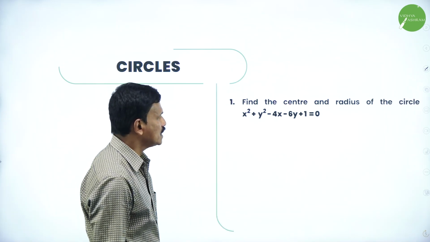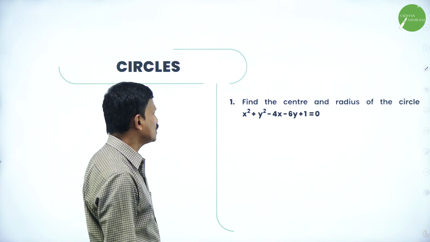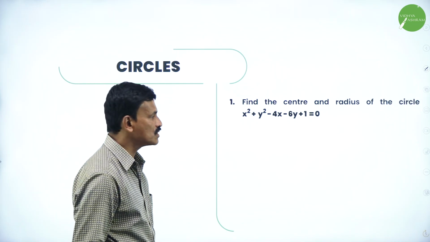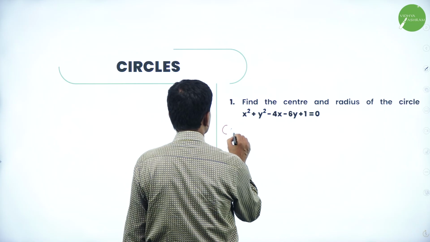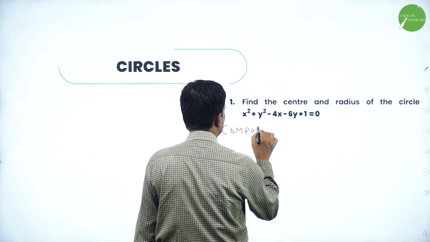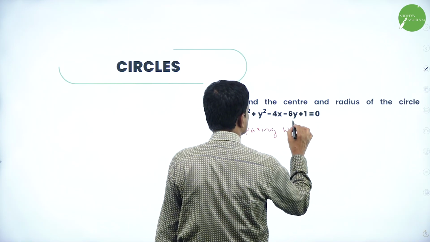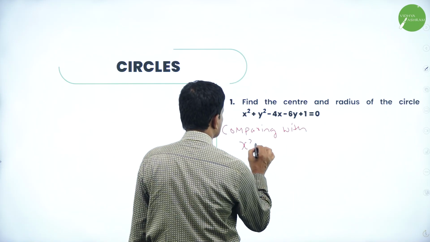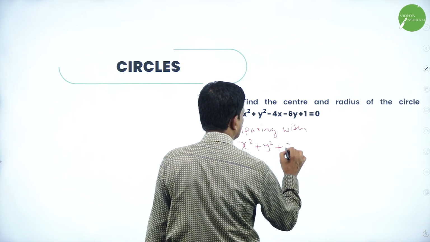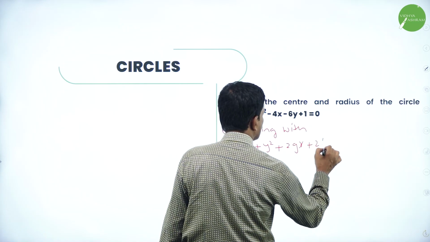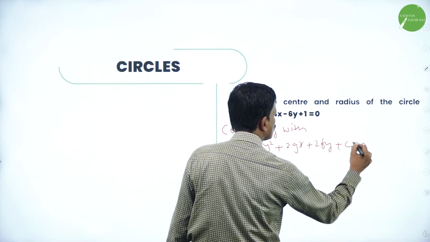Find the center and radius of the circle x square plus y square minus 4x minus 6y plus 1 is equal to 0. Just comparing with the standard equation x square plus y square plus 2gx plus 2fy plus c is equal to 0.